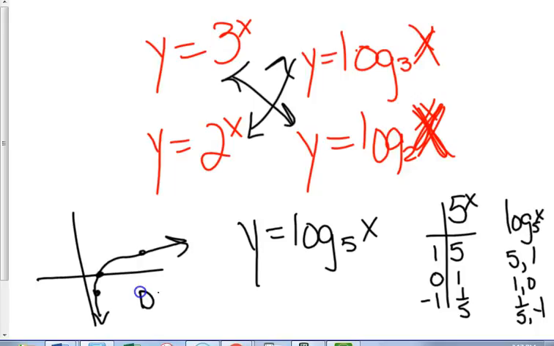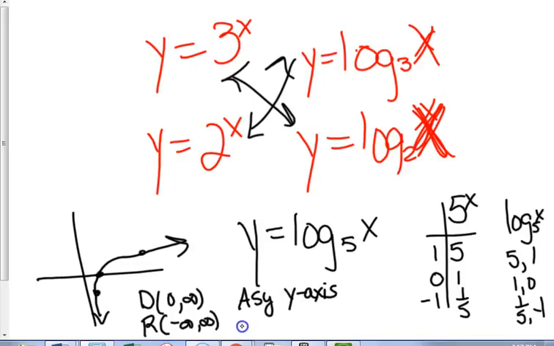And it's going to ask domain and range. It's going to ask asymptote, and I don't care if you just write y-axis on this. It also asks for the only intercept, which would be (1, 0). The little worksheet I printed up has a couple with shifts.